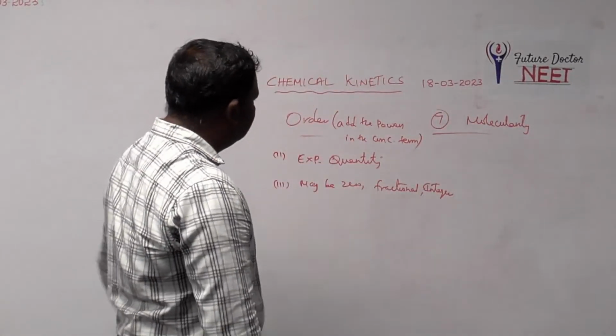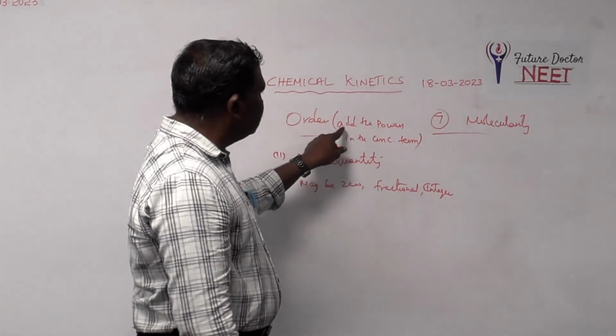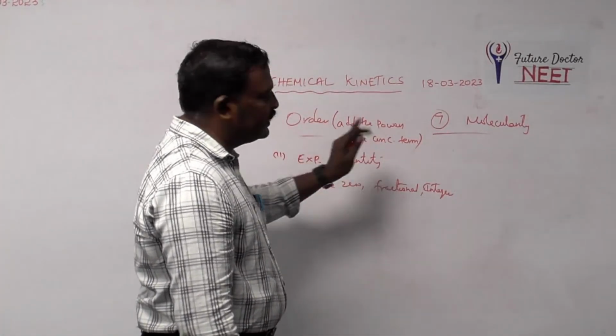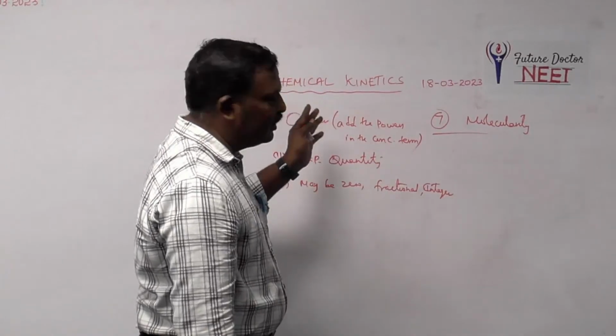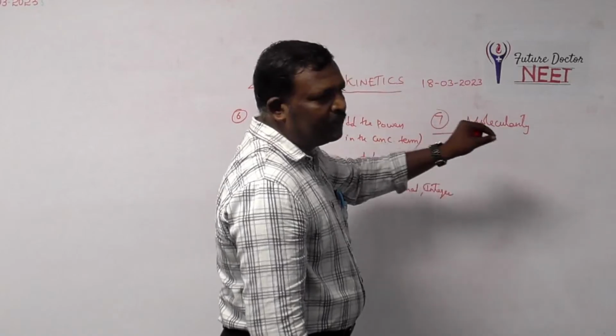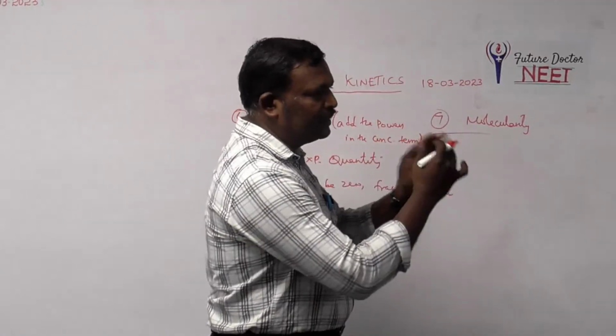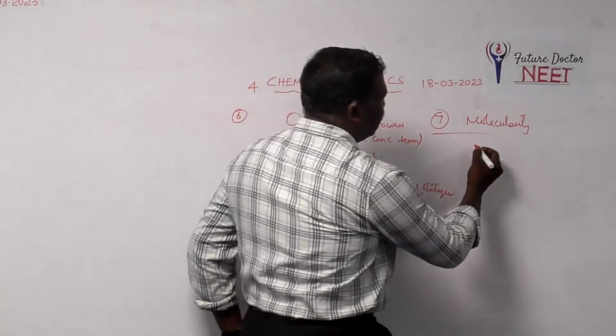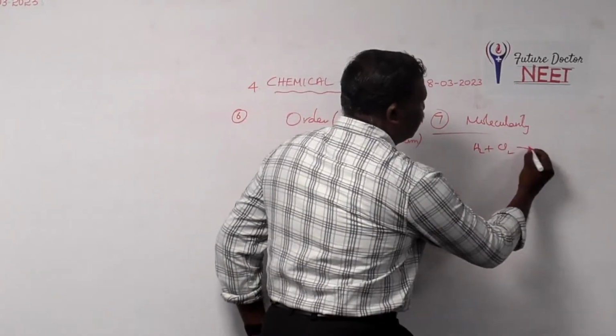Molecularity. For order I told you, add the powers. That's all. Molecularity means the number of molecules taking part in the elementary step of the reaction. How many molecules are involved? Suppose, for example, how many molecules are involved?